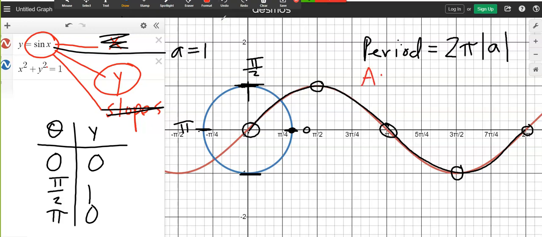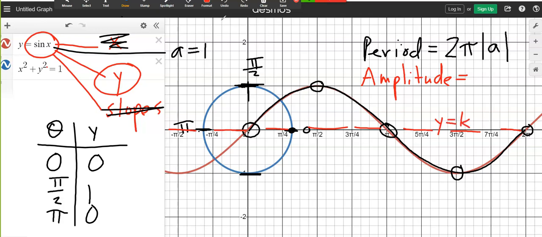Now there's something else called amplitude. Amplitude is the distance from what we call the center line of the wave, that's the k value, y equals k.